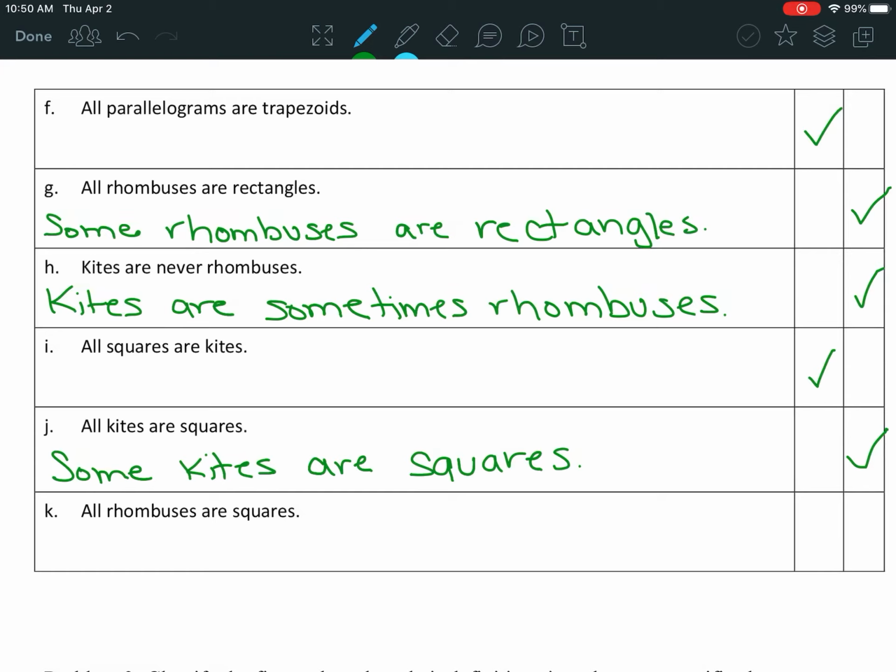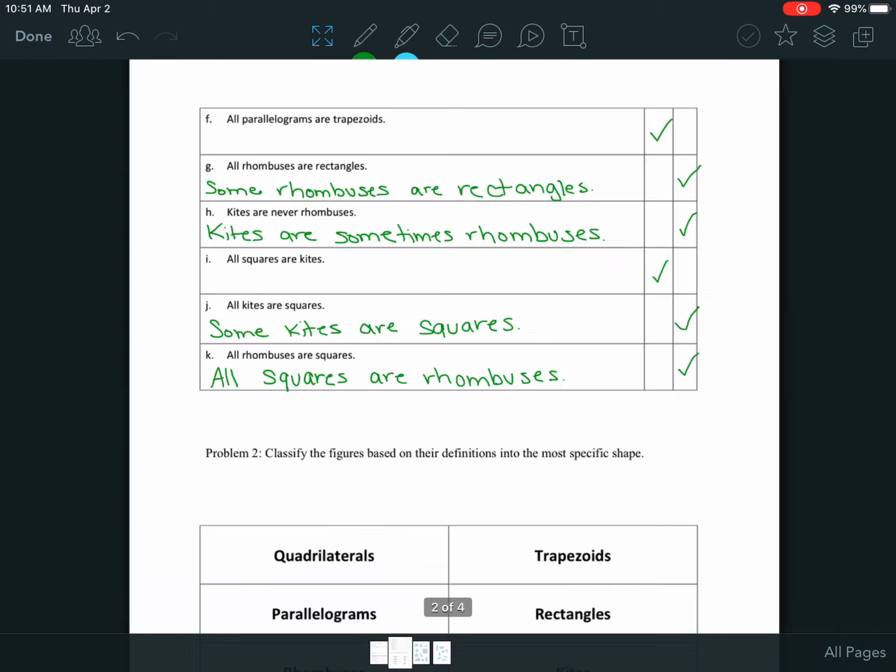All rhombuses are squares, and that is false. We're going to change it to all squares are rhombuses. And that's because squares have all the same qualities as a rhombus, but a rhombus doesn't always have to have 90-degree angles, and a square does.